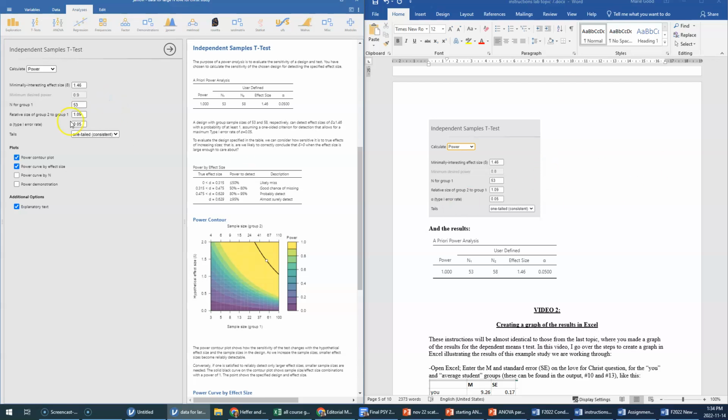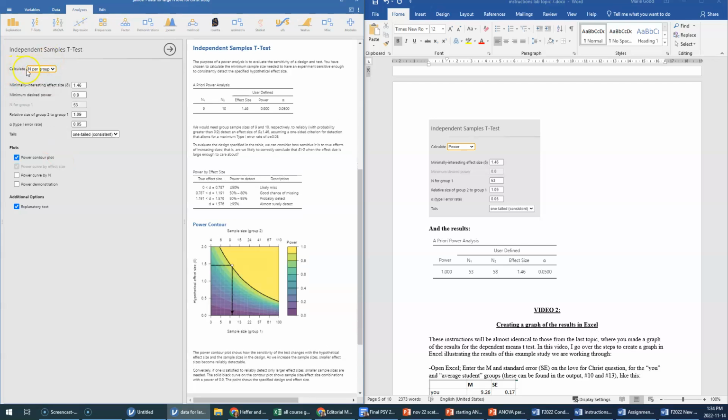So we don't need to do that for this analysis, but for the assignment, you may need to figure out what if we needed to figure the N per group to have adequate power. You would do it in the way that we have been doing for the other t-tests, right?